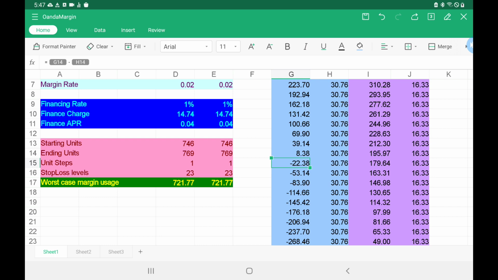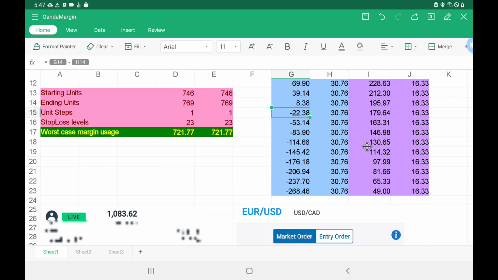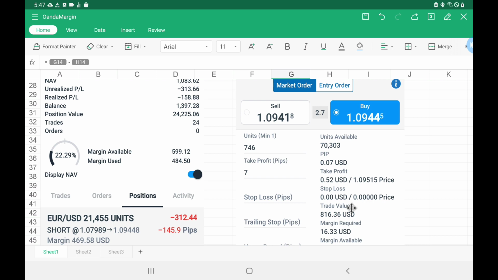So by doing this, by actually taking the worst case and then comparing it to the real values that Oanda gives you, you can see clearly the differences and just how much extra padding and safety you're building into your account.